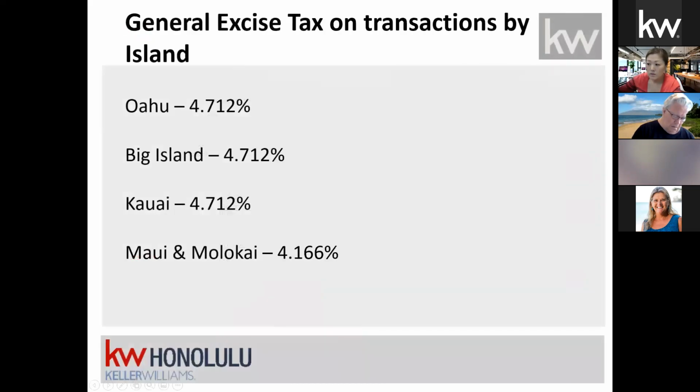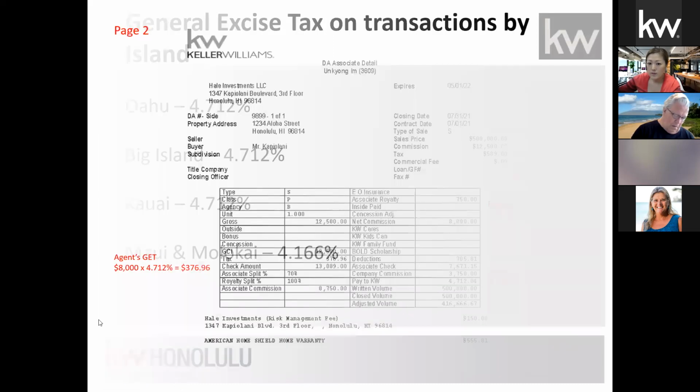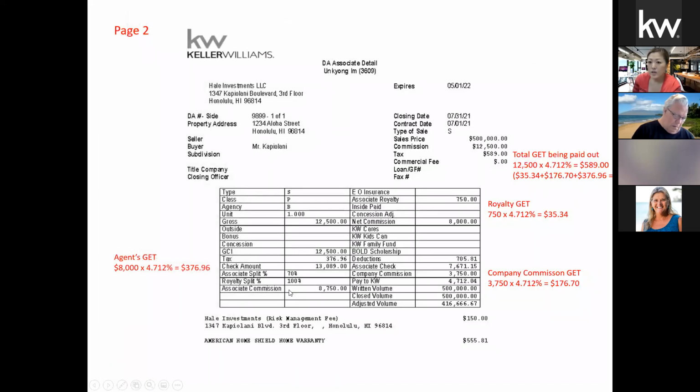That amount is the 12,500 plus the total GET, which is 589. So if you add those two together, it equals 13,089. It's just showing the entire total commissions amount, the entire commission with GET for this particular transaction on the buy side.